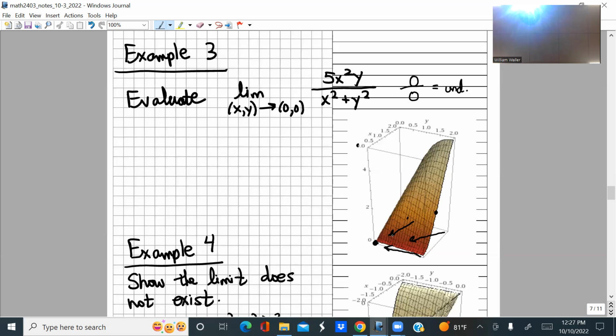So again, think of things out of the xy plane, and I let them get closer and closer to 0, 0 in the xy plane, right? Okay. So what's happening to my output? What's happening to this surface as we get closer and closer to 0, 0 in the xy plane?